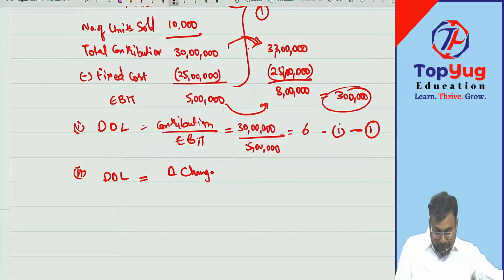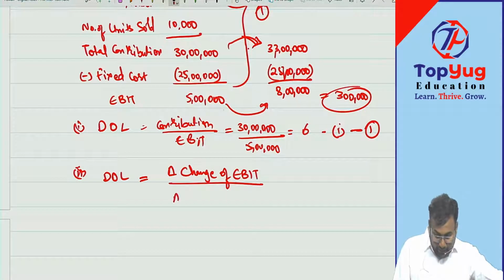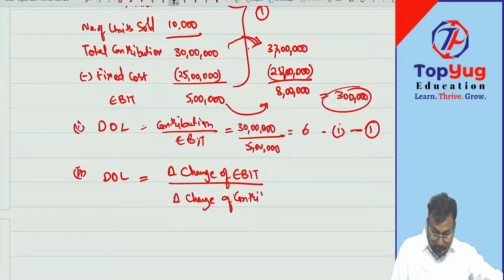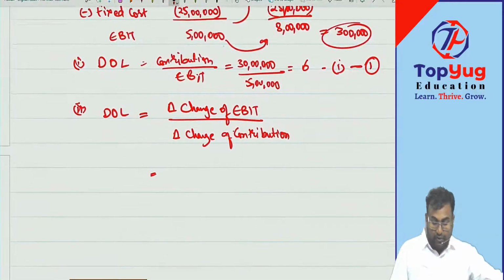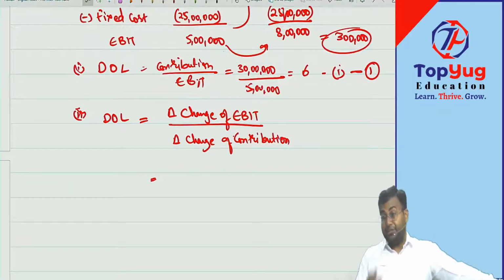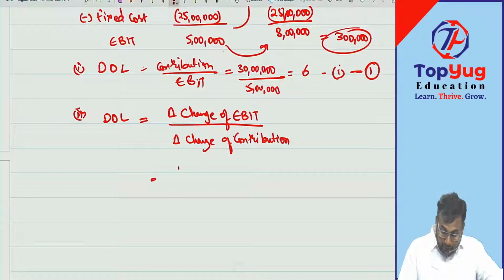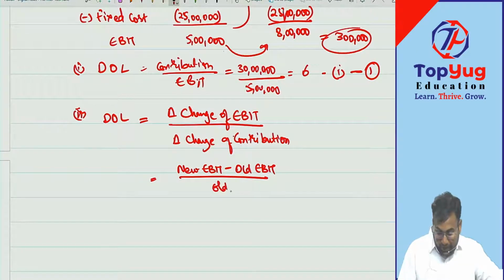Percentage change of EBIT divided by percentage change of contribution. Yes. Now, let me expand this formula. How do you calculate the percentage change of EBIT? It should be new EBIT minus old EBIT by old EBIT.